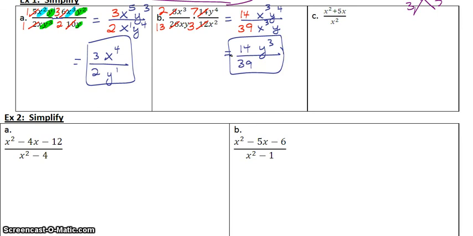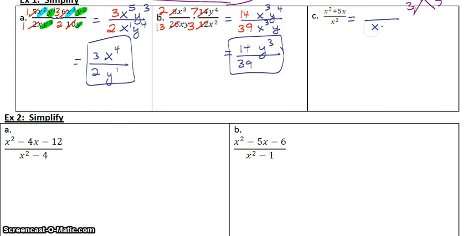Last but not least, let's look at C. I specifically put this problem in here because I wanted you to, again, remember, I cannot cancel if there's a plus sign. So I cannot immediately cancel this. But here's what I could do, and this is going to lead into what we're doing with example 2. If I can rewrite this as something multiplied by something, then I can cancel. So here's what I mean.